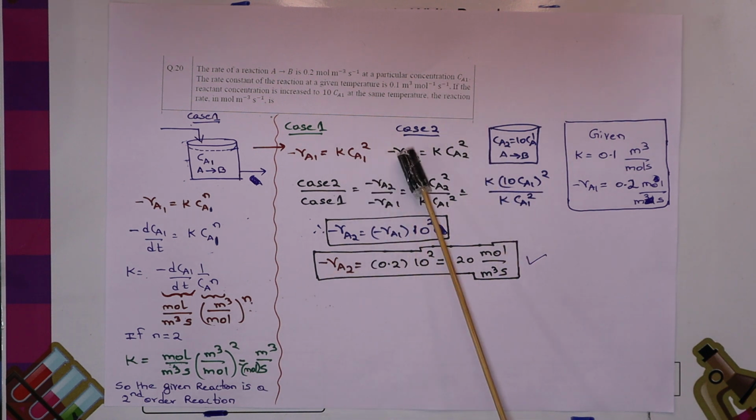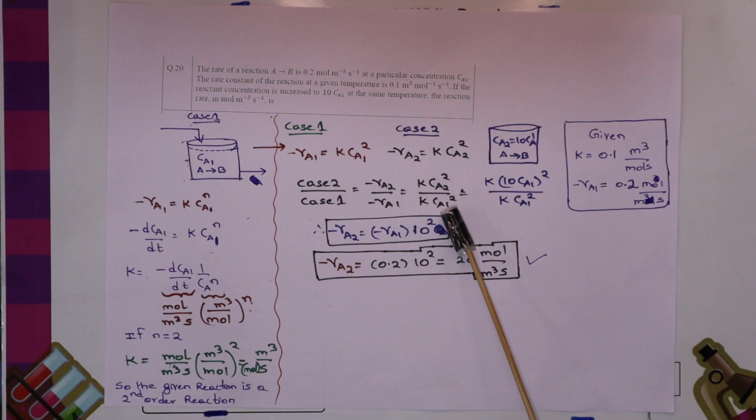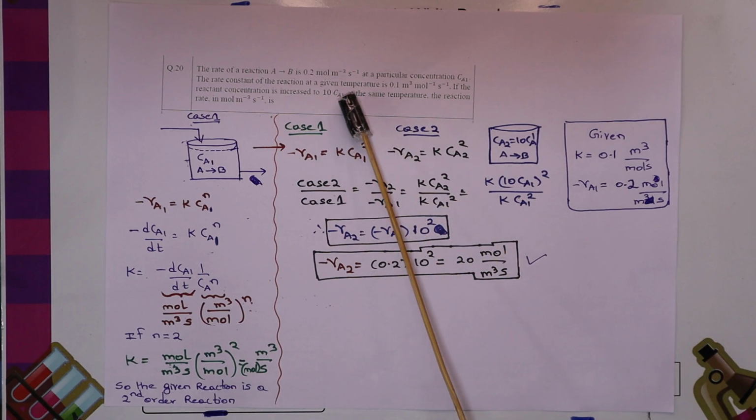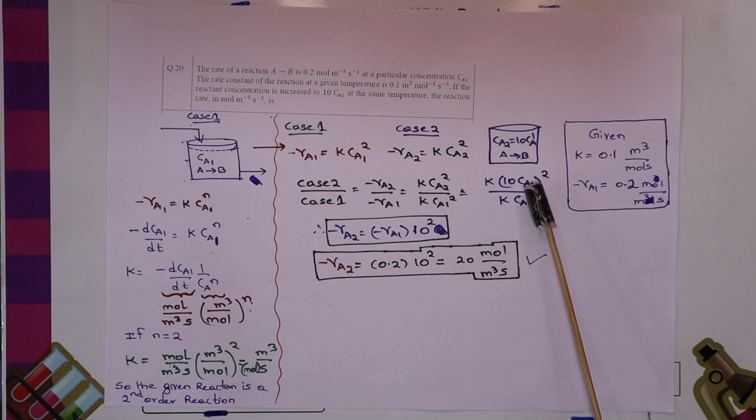So if you do case 2 by case 1, minus Ra2 by minus Ra1 is nothing but K Ca2 square by K into Ca1 square. What is Ca2? It is given as 10 times Ca1. Let us substitute the value in place of Ca2, 10 times Ca1.